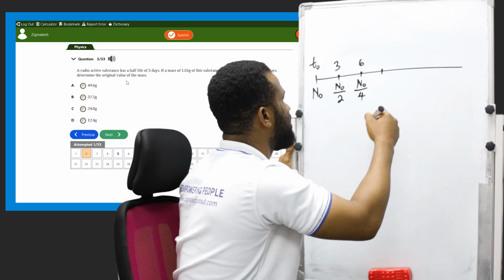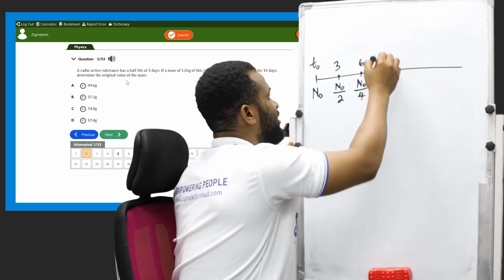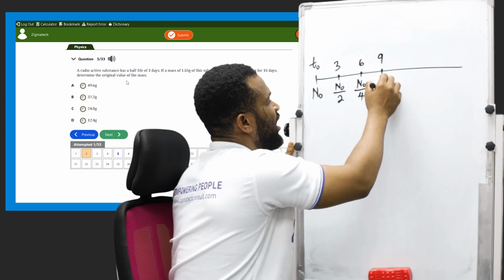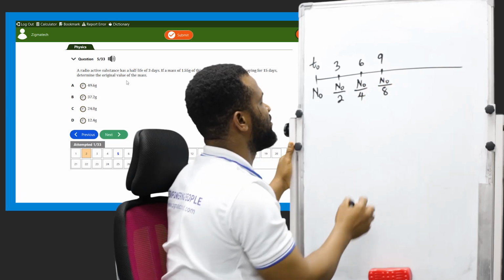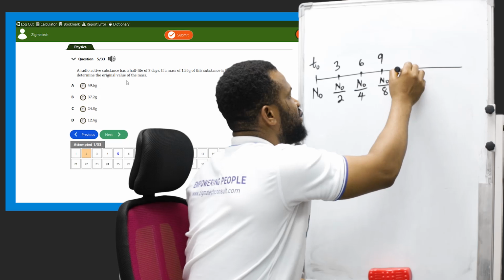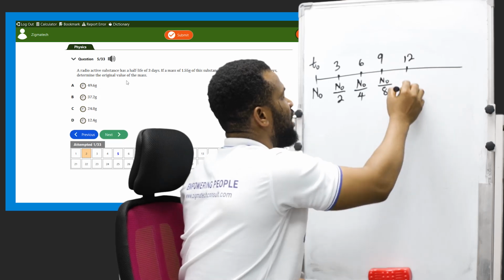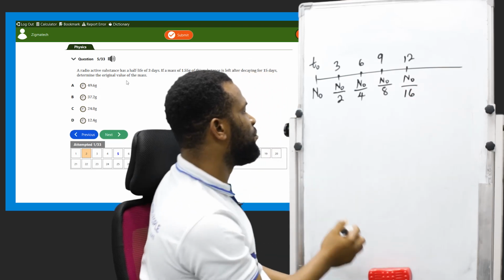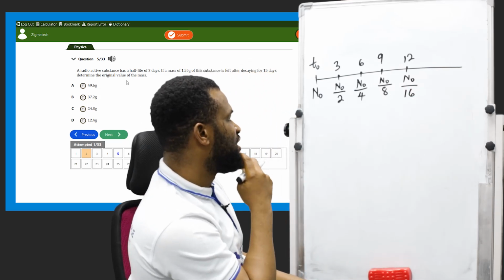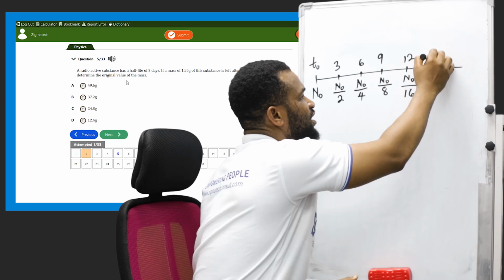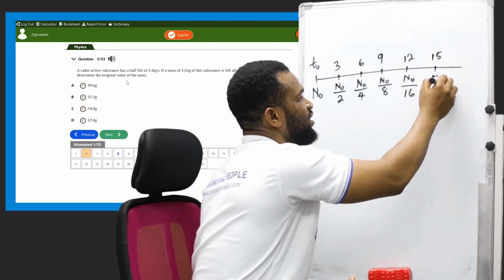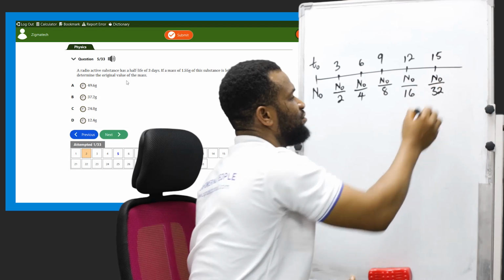Then after another 3 days, which will be 9 days, I'm going to multiply this by 1 over 2, which will give me N sub 0 over 8. After another 3 days, this will be 12, and that will be N sub 0 over 16, multiplying by 1 over 2. So after another 3 days, I'll have 15 days, and then I'll be having N sub 0 all over 32.